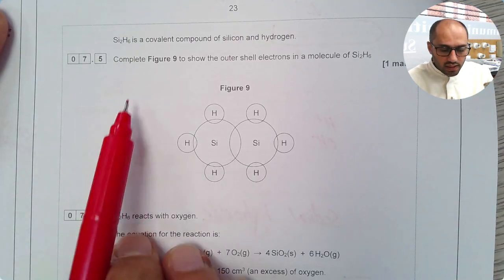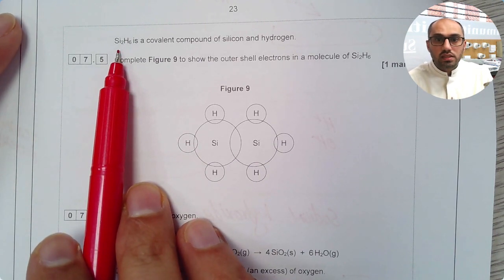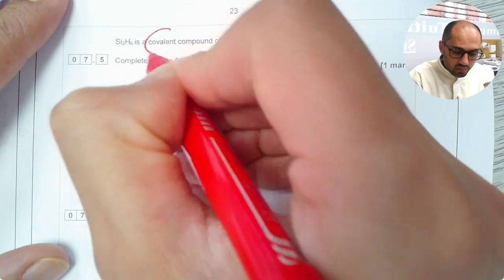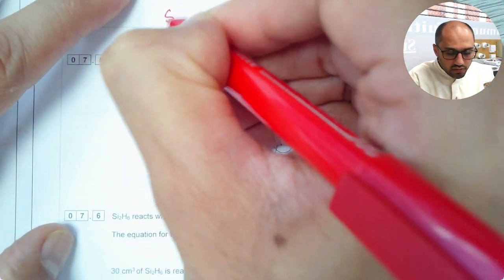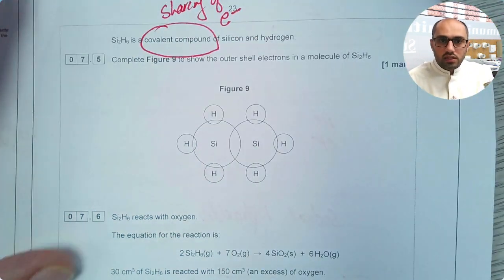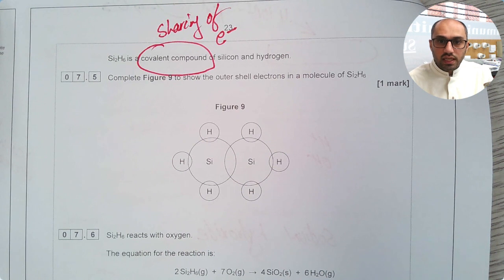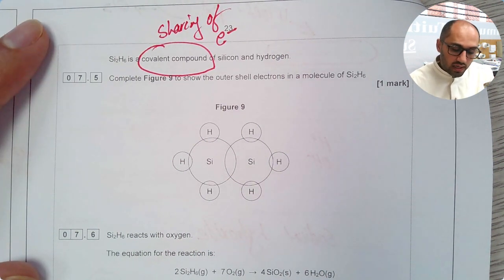Next part says Si2H6 is a covalent compound of silicon and hydrogen. So it's a covalent compound. This means there will be sharing of electrons. It says complete figure 9 to show the outer shell electrons in a molecule of Si2H6. So I'll have to make a key first.